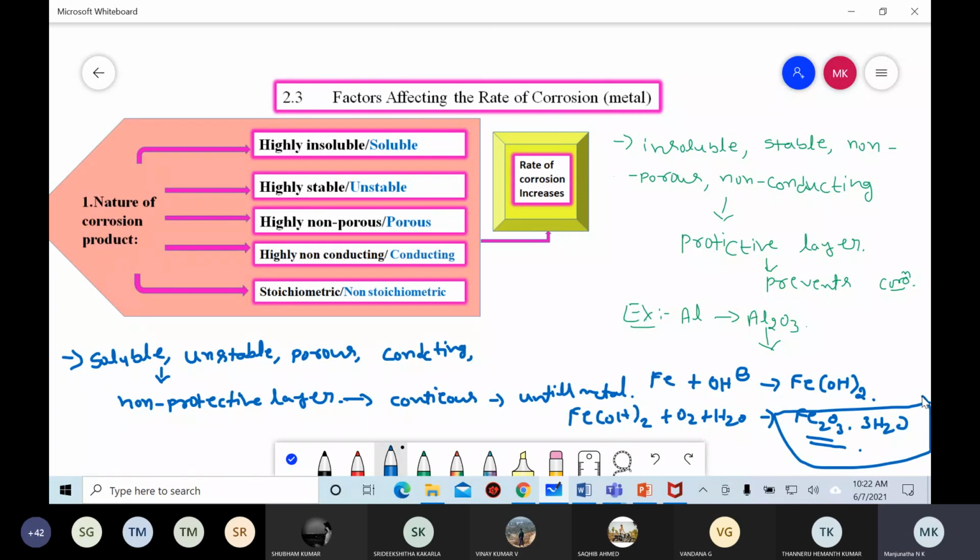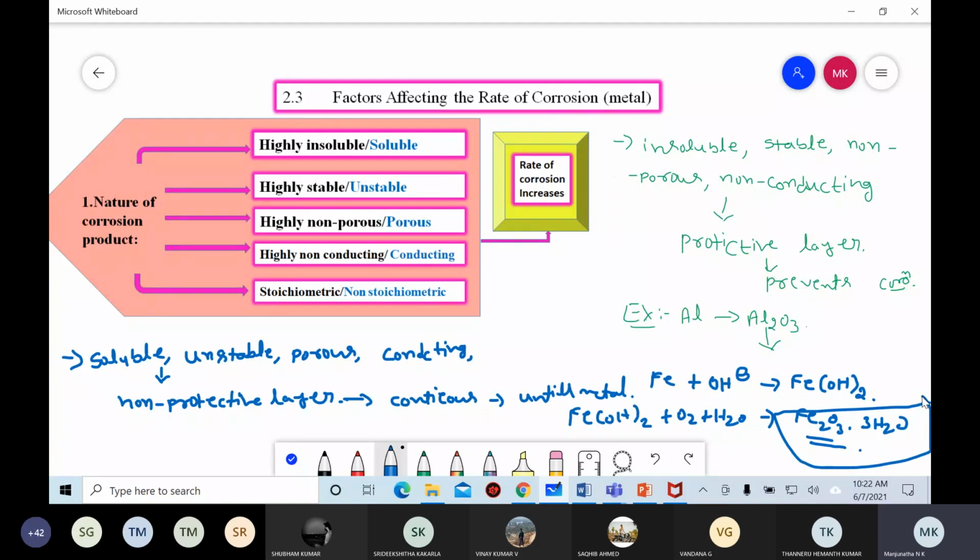It's clear. Second, another one, nature of corrosion product. Here also there are 2 points. If they ask the nature of corrosion product, you need to write these 2 points. Initially, write that the oxide layer formed on the surface of the metal is referred to as a corrosion product.